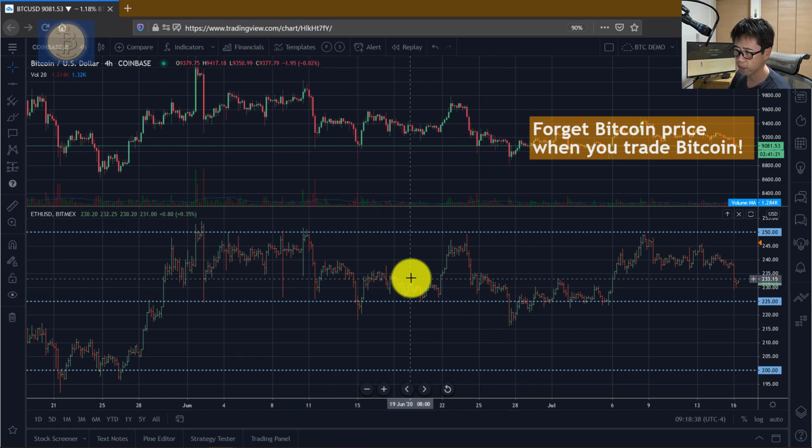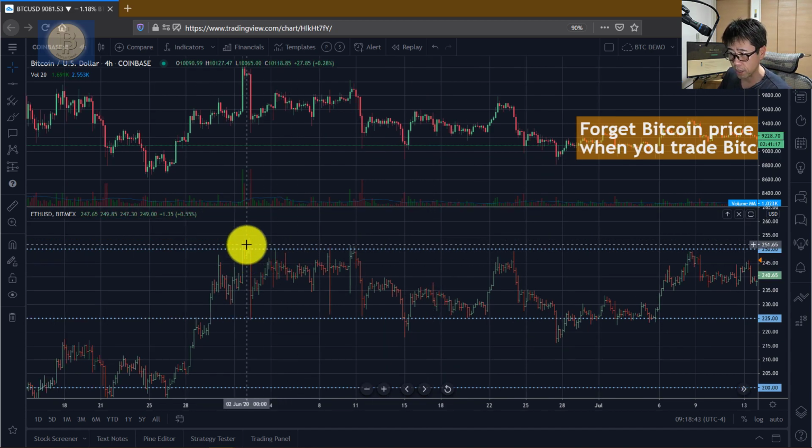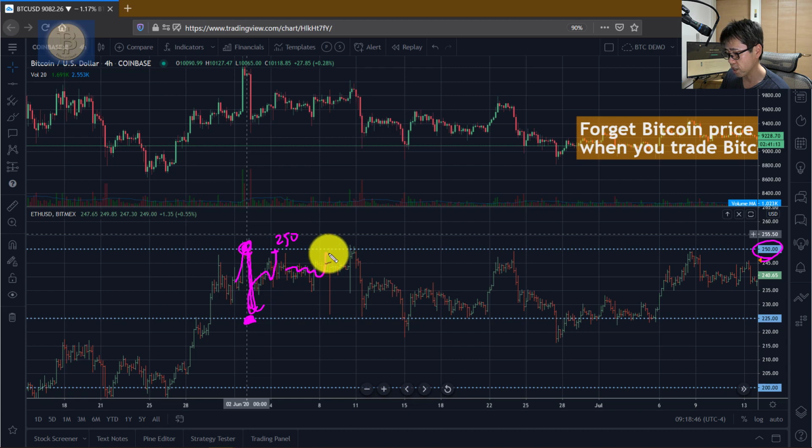If we look back a little bit at the past history, this is June 2nd or June 1st. The market just hit $250 on EtherUSD, and then came back down to 225. When the price hit 225, it came back up to 250, retested 250, made a stop loss hunt down to 225, and came back to 250.